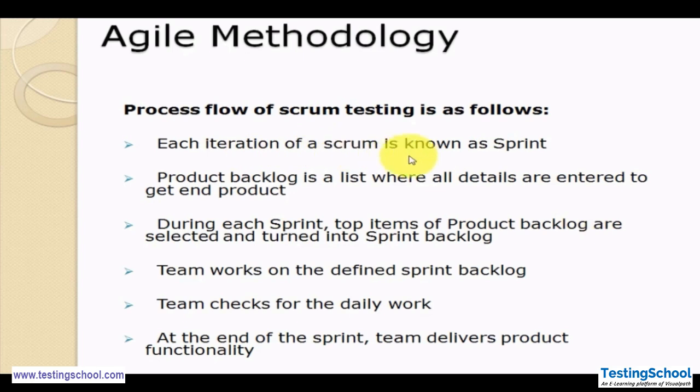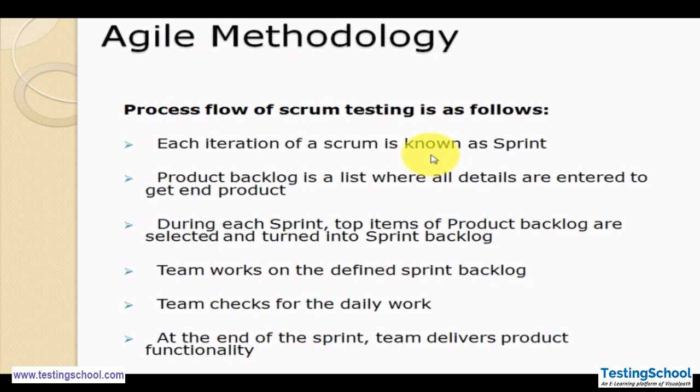Then the second is our product backlog. Product backlog is a list where all the details are entered to get our end product. So once we complete all our product backlog user stories, then we have one product available.